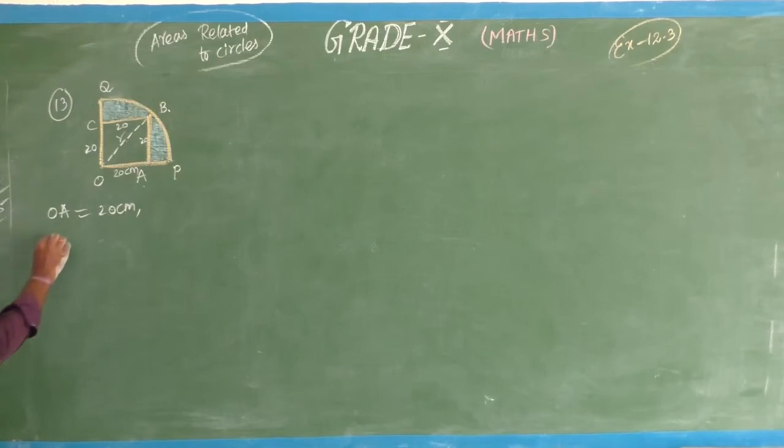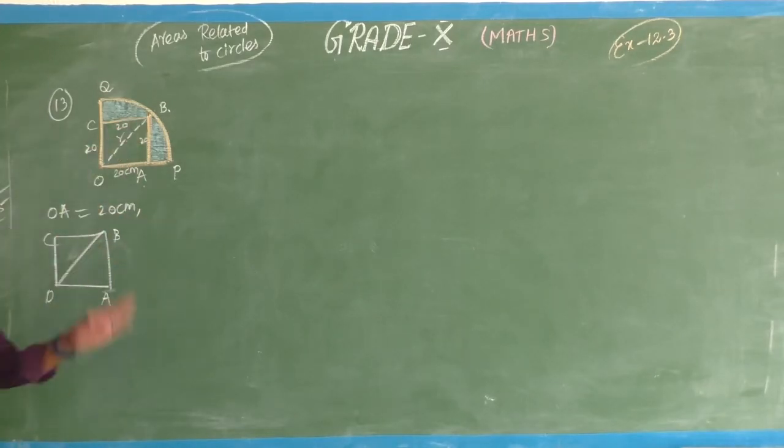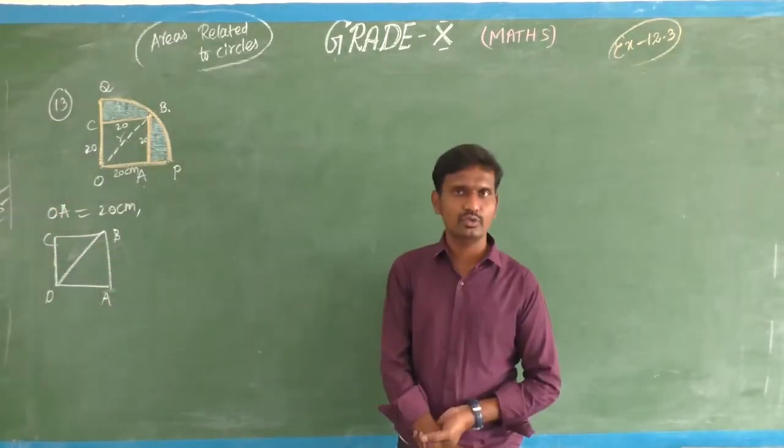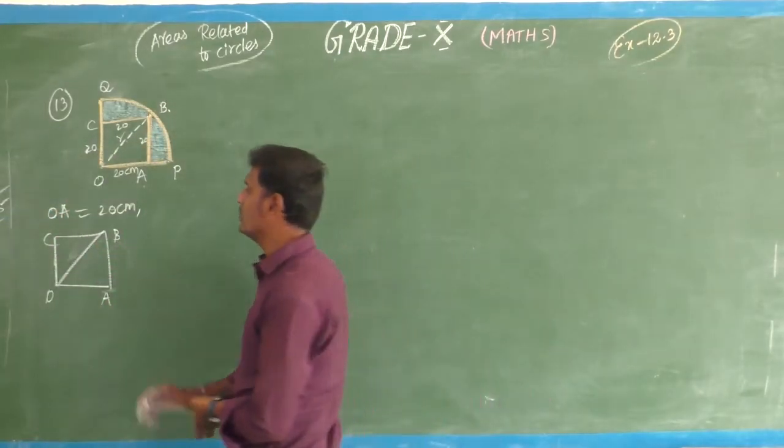Why? Because of C. This is a square, OABC. If you take the diagonal of the square here, the diagonal of the square will be the radius for you.